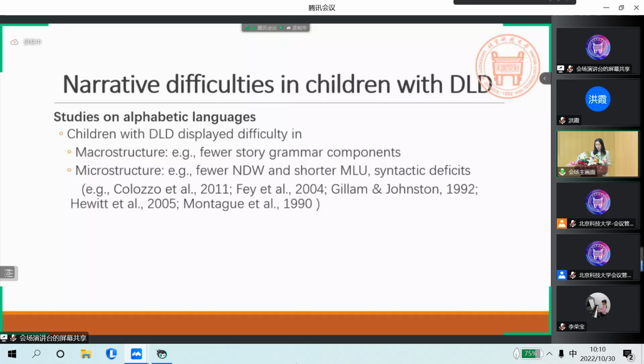And about the microstructure, those children with DLD might display, for instance, fewer NDW, that is number of different words, and shorter MLU, mean length of utterances, and also syntactic deficits shown in the limited occurrence of complex sentences. So these are findings from alphabetic languages.